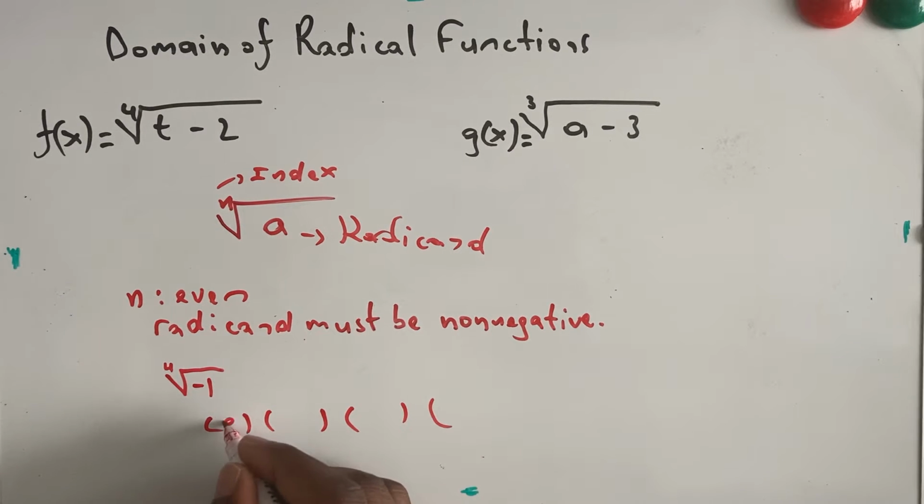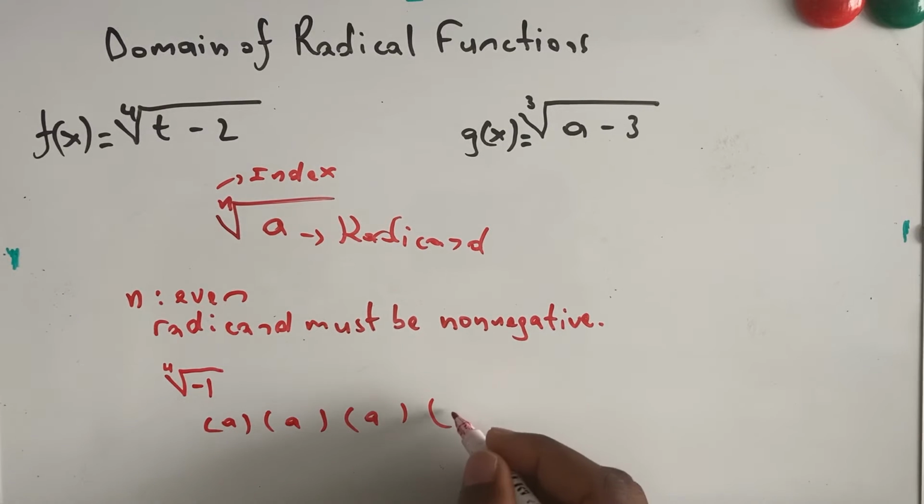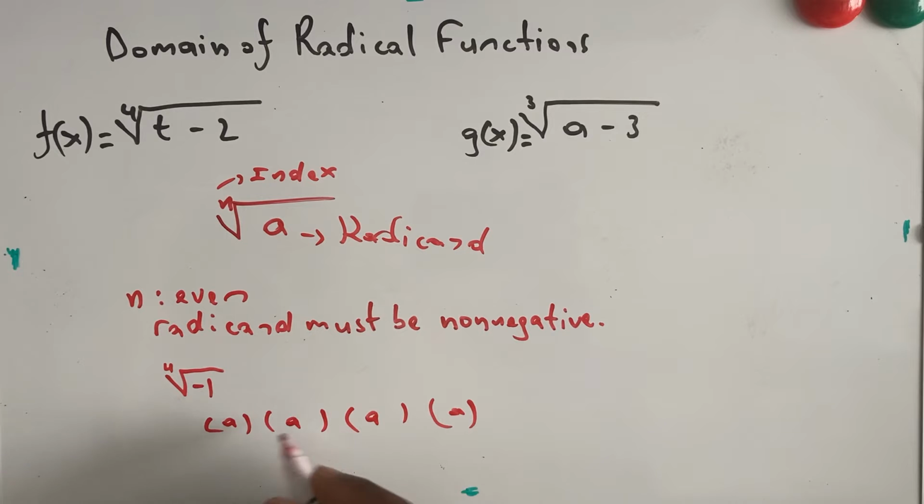Let's say a replaces a number, a variable. If a times a times a times a, you can't think of a number a to get -1. Now, some of you would say, if I multiply 1 by itself, I'll get 1. But how about -1 by itself 4 times?